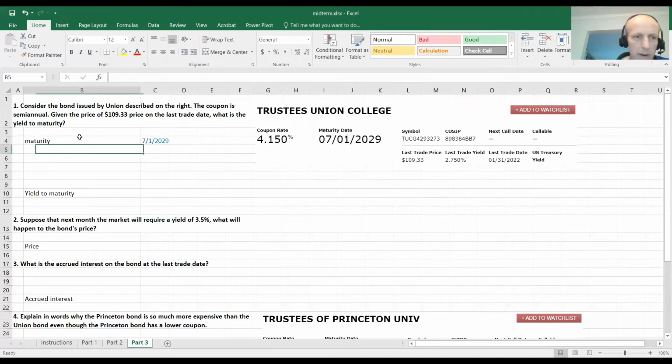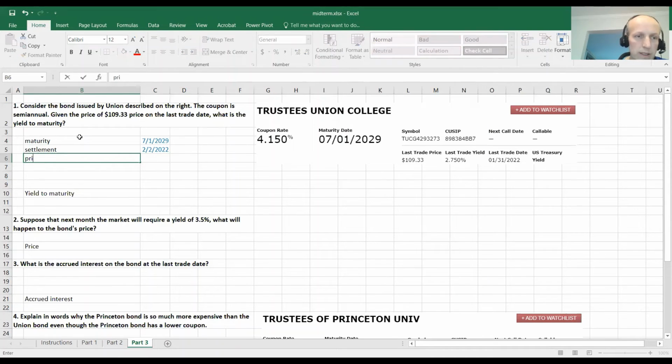07/01/2029. When is the settlement? Settlement date is, well, the trade was 31st of January, so 2 days later is 02/02/2022. What else do we know?